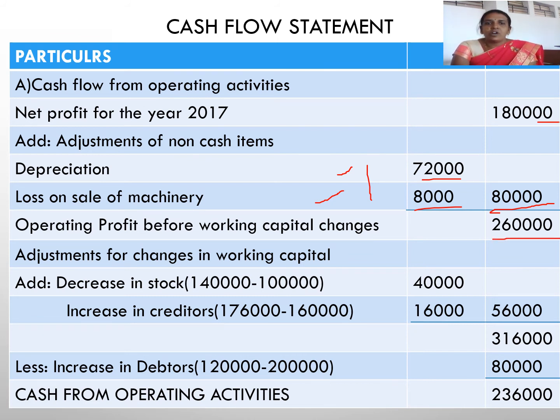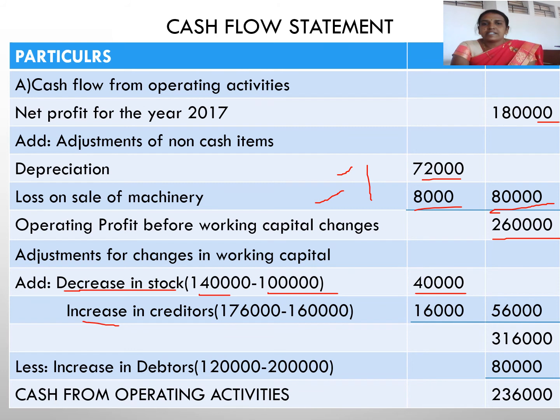Then you have to make adjustments for changes in the working capital, that is, you have to add the decrease in current assets and the increase in current liabilities. Decrease in stock: rupees 1,40,000 was there in 2017 and it was rupees 1 lakh in 2016, so there is a decrease to the extent of rupees 40,000.